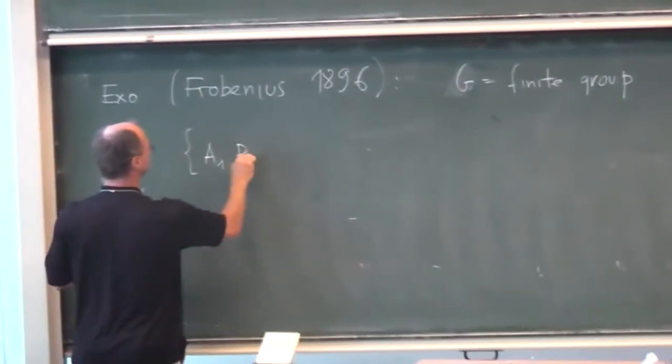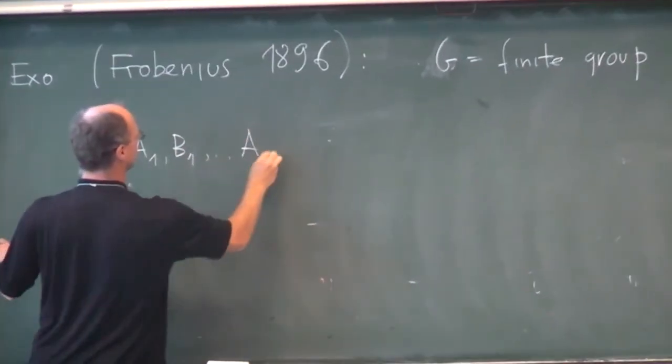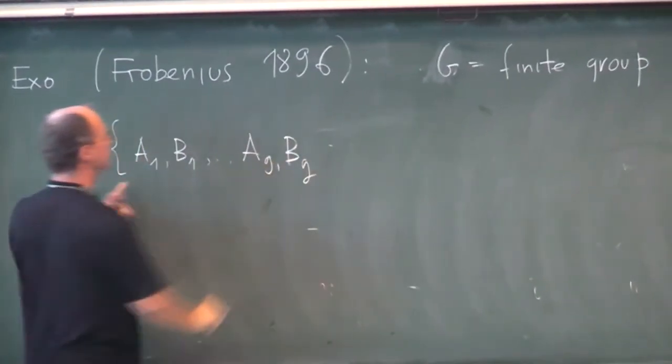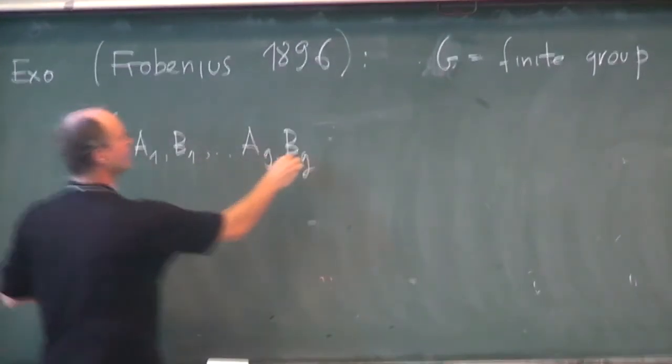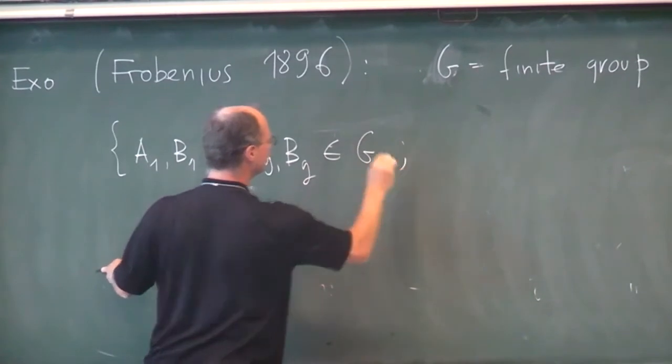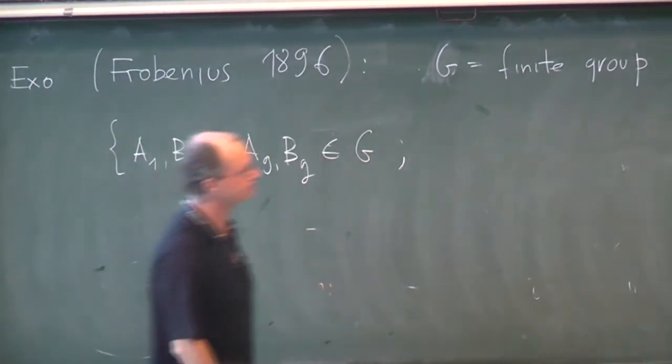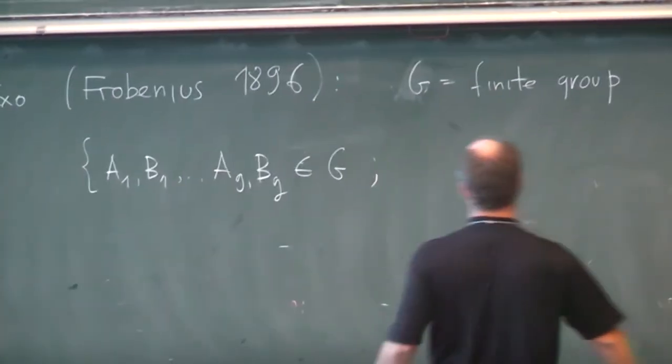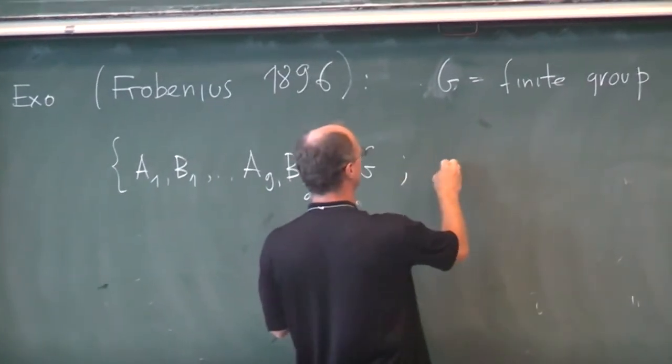So then let's consider the following set. Consider the 2g-tuples of elements in G. And, well, let's impose one of the typical conditions that we were imposing before.